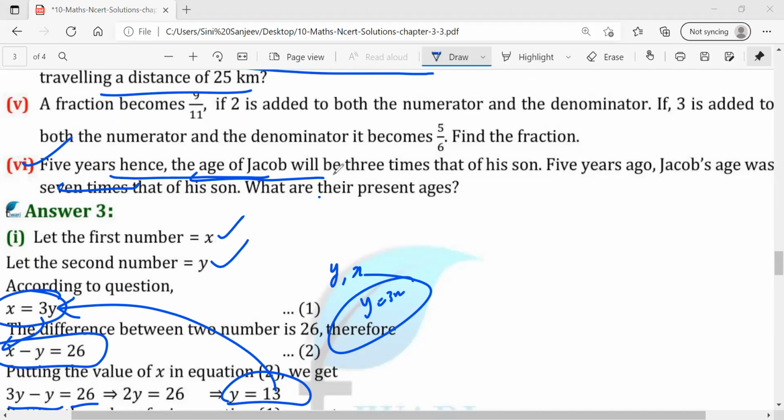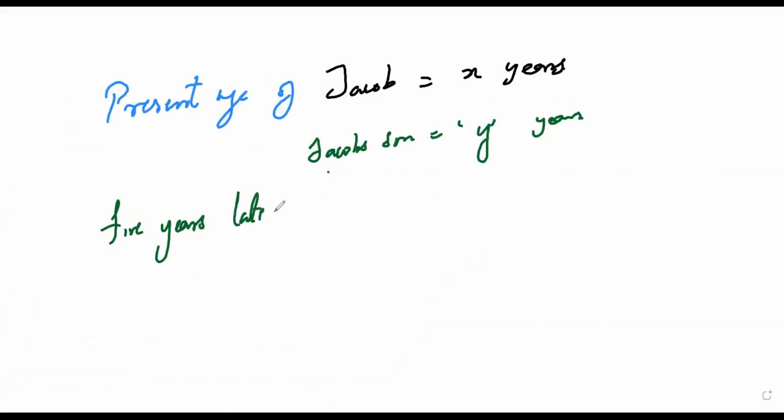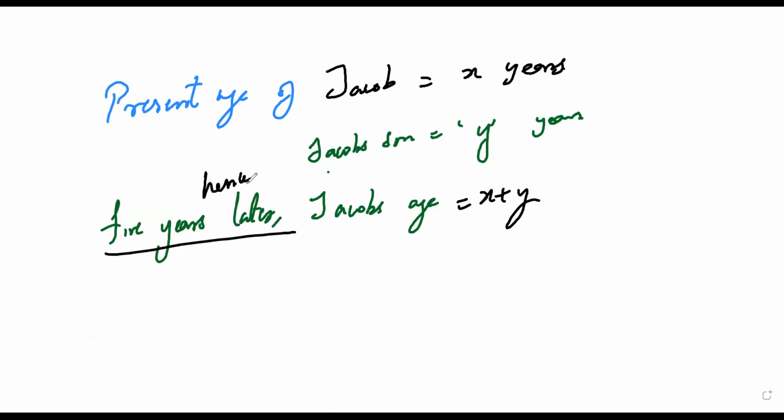So 5 years later, Jacob's age will be X plus 5, and Jacob's son's age will be Y plus 5.